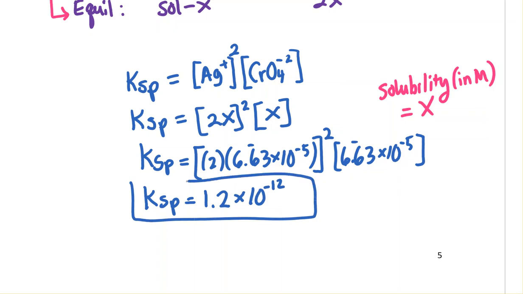Okay, and there's the value we were looking for, our solubility product. Remember, it is unitless, just like any other equilibrium constant. And I did base my sig figs on my original solubility, 2 sig figs.